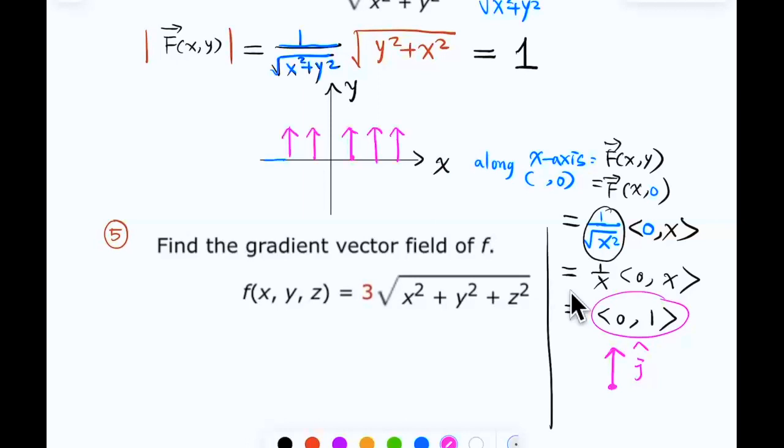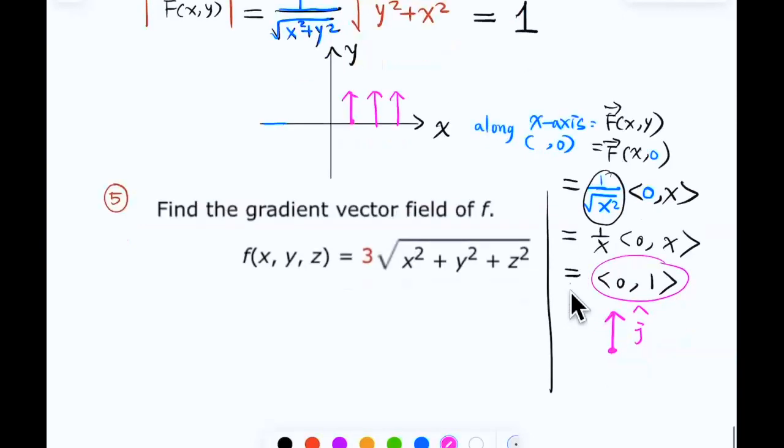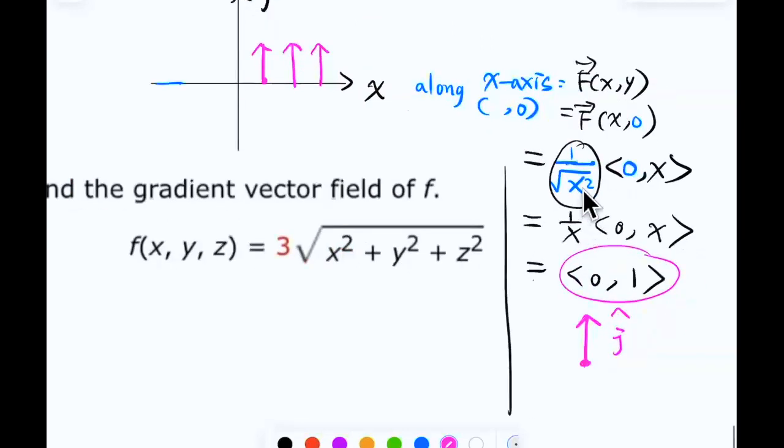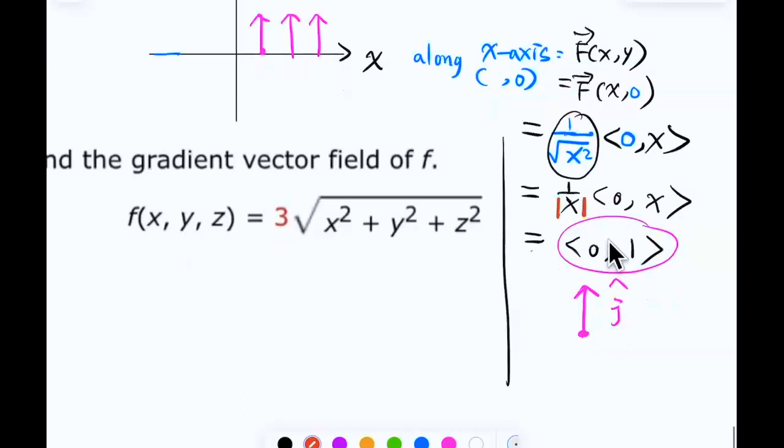Wait. Oh, that's when x is positive. When x is negative, there's something here. This is when x is positive, right? Because the square root of x squared here should be the absolute value of x, remember? So when x is positive, it's going to be 0, 1.